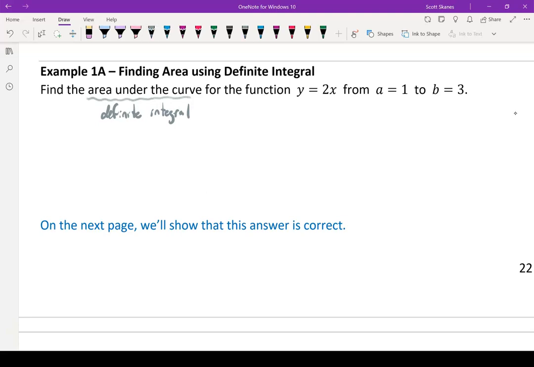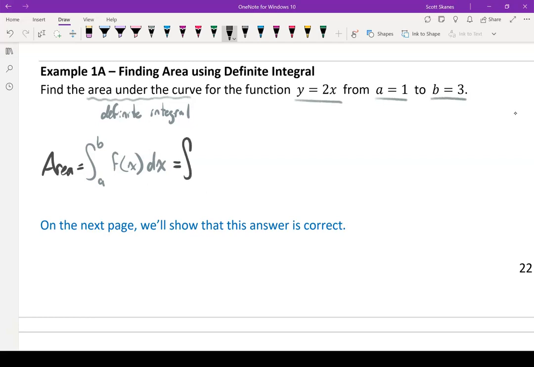The function we're going to get the integral of is 2x, and our starting point and end point are 1 and 3. So I'll just get right to the point. The area is going to be the integral from a to b of the function with respect to x, or whatever variable you're given, okay? You don't need to write that part, it was just a reminder.